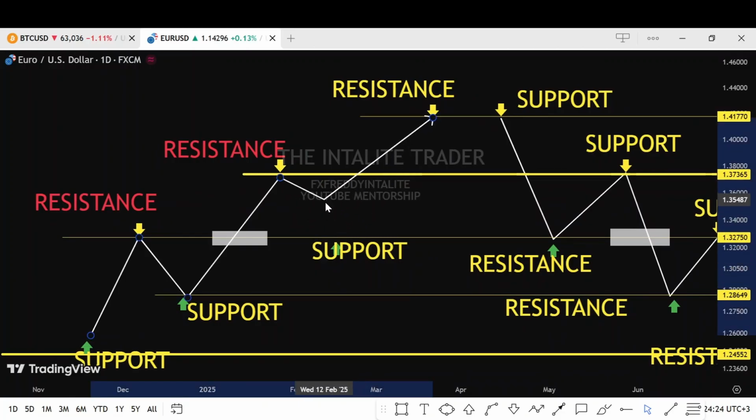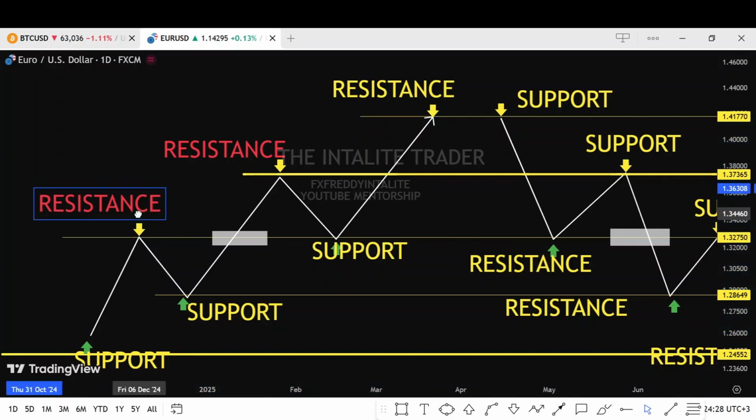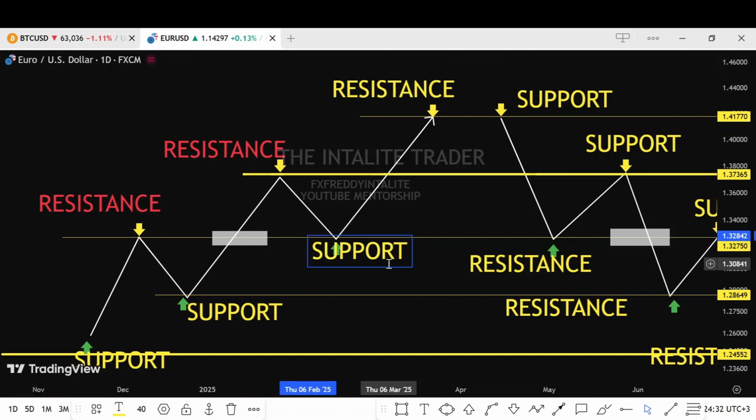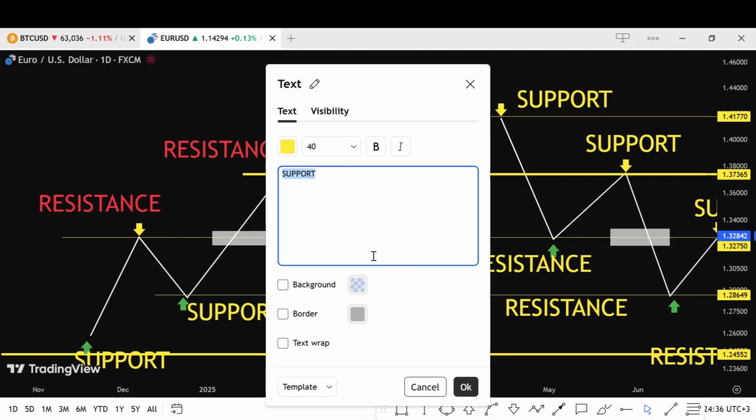But because there is this previous support, this previous resistance level, now here we say this is support. We shall say resistance turns to support.